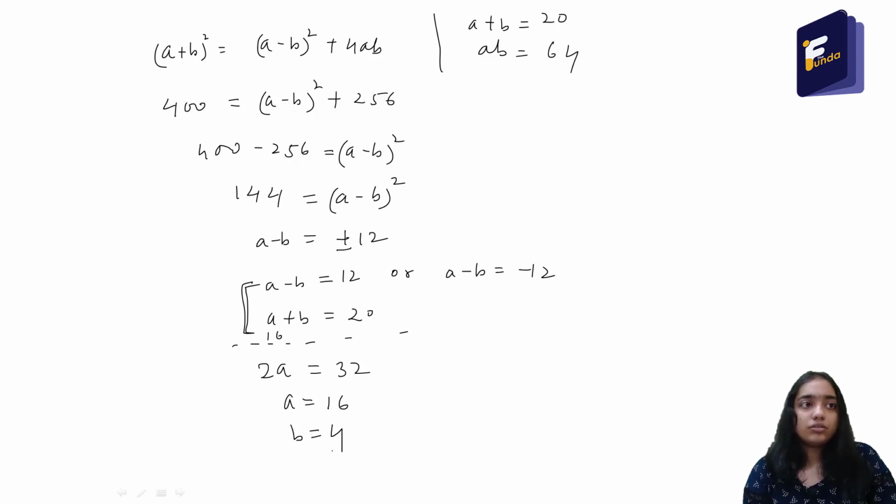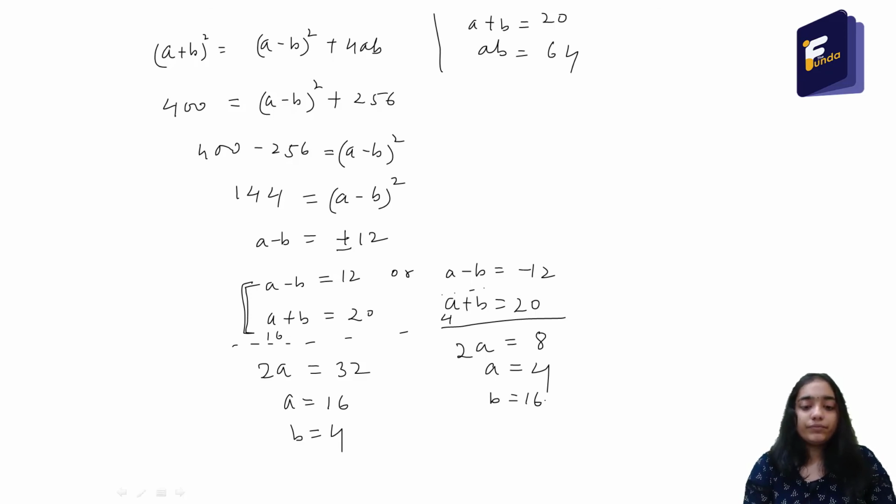This is one value. If I use a plus b equal to 20 and a minus b equal to minus 12, by adding those two equations, I will get 2a equal to 8. So a will be equal to 4. By putting the value of a as 4 here, the value of b will be 16.